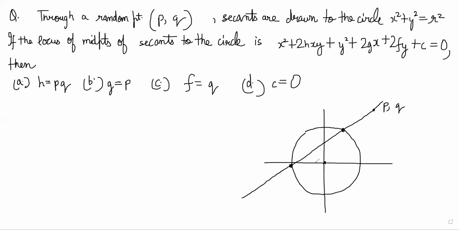Let's say A and B. We have to find the locus of the midpoint of this. Let's say this point is S, my H comma K, the midpoint. Locus of S we have to find.